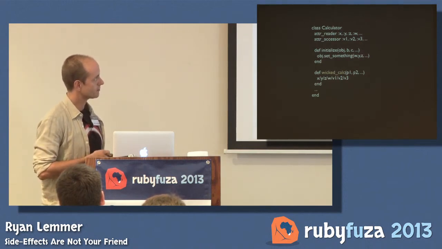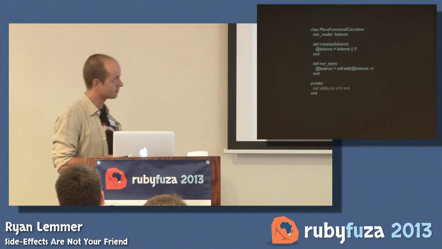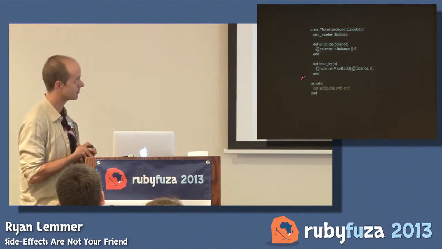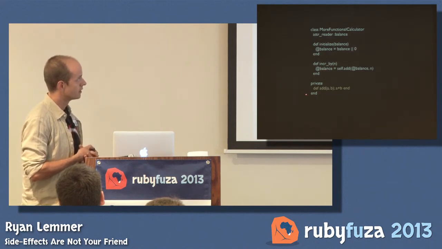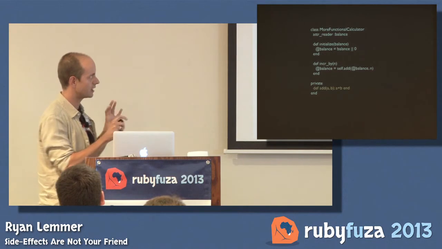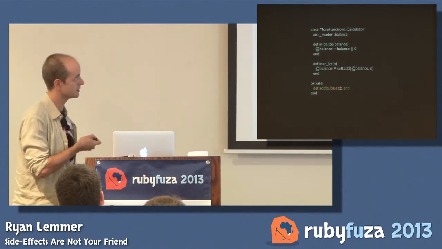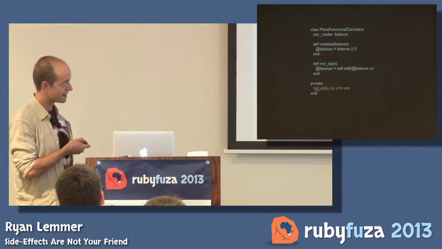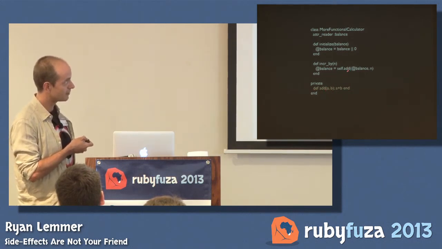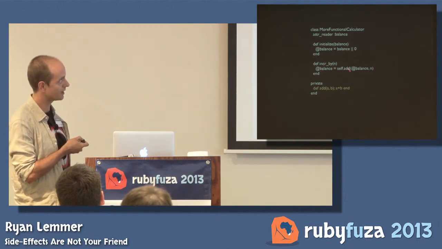So back to our earlier class with just this little incrementer. The first thing I can do to separate side effects from values in this class is this. I've extracted an add method, and I'm using that adder in the increment by. So I'm not doing it directly here.